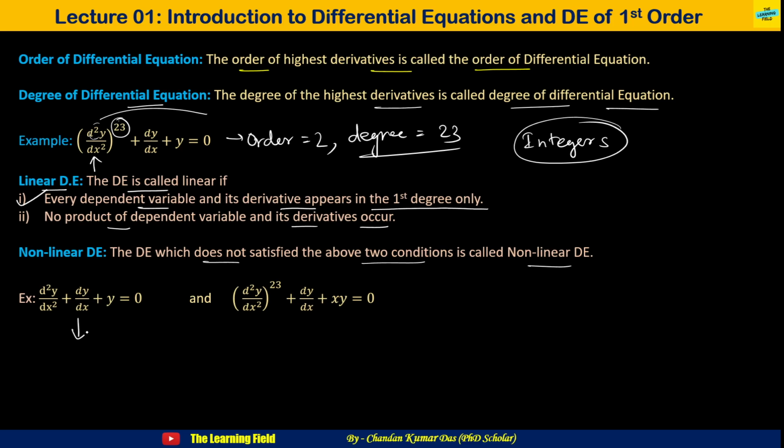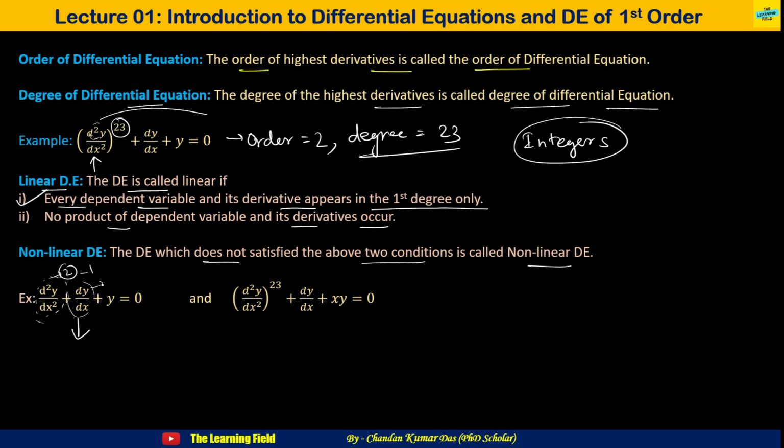Now, if we see this example, condition number 1 says every dependent variable and its derivative appears in first degree only. Fine. The order of this term is 2, but the degree, that is the power of this d2y by dx2, is 1. That means this is 1 degree.